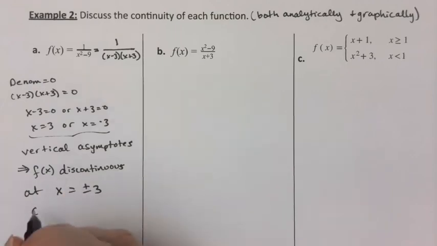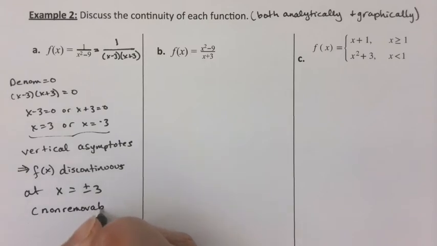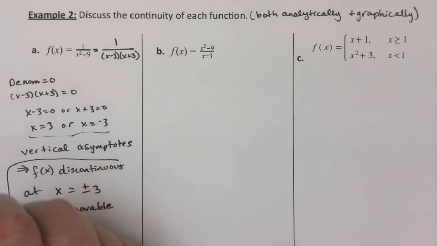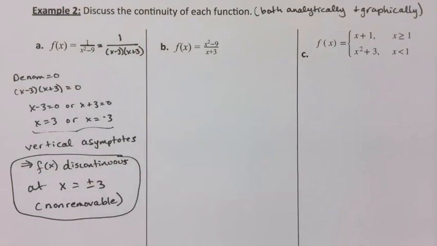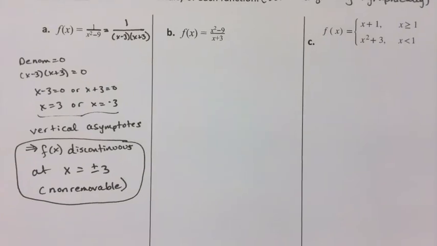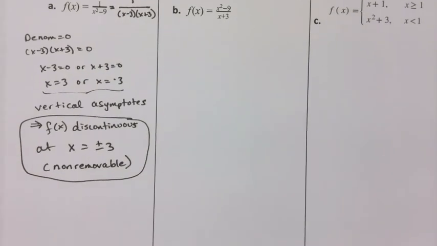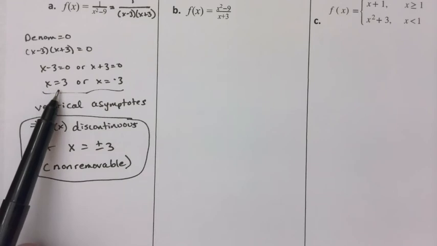It has two discontinuities, and they're non-removable, right? Because there's no limit. The way vertical asymptotes work is that there's no limit and there's no function value. They actually kind of break every aspect of continuity, right? So not only does f of 3 not exist, but it also doesn't have a limit either.